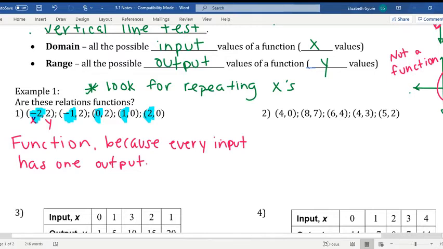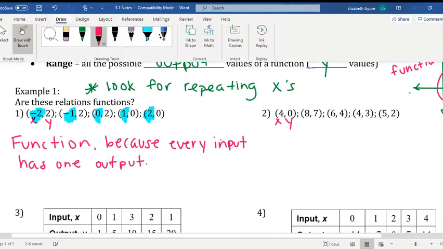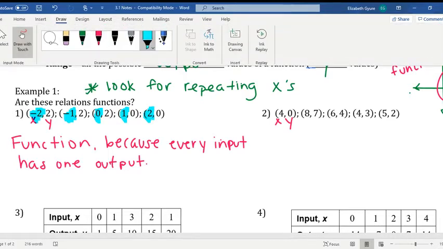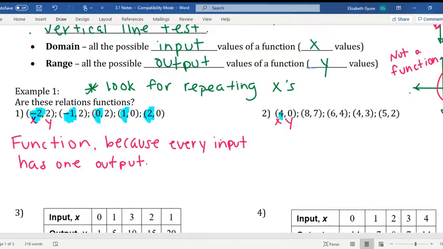All right, let's look at part 2 then. Remember, your first number in your parentheses is your x and then your y. So in this one, what's your first x value? 4. Then what do we have? 8. You guys can just say it. Then what's next? 6, then 4, then 5.